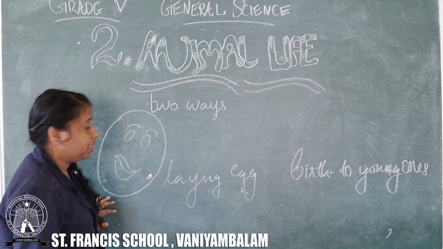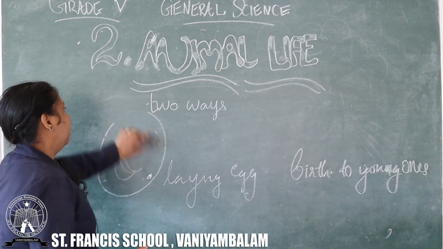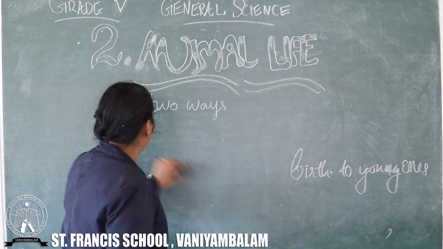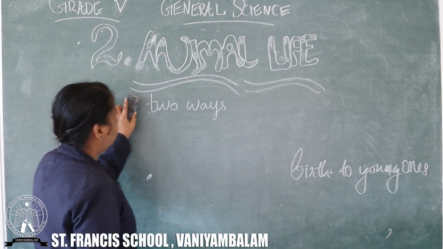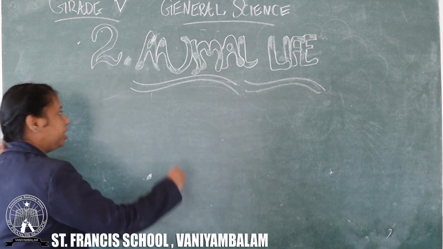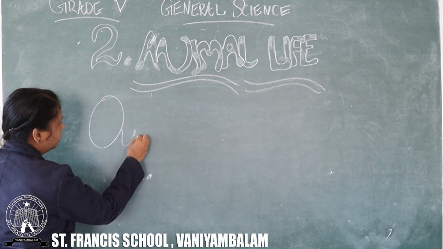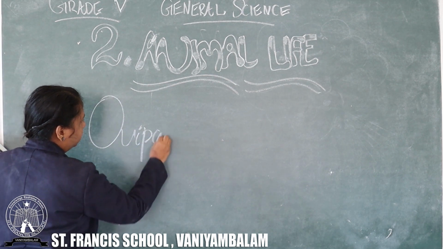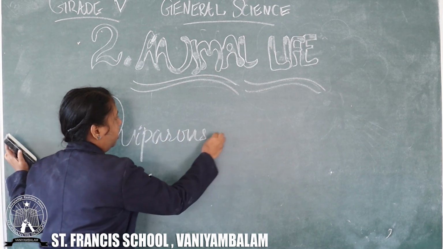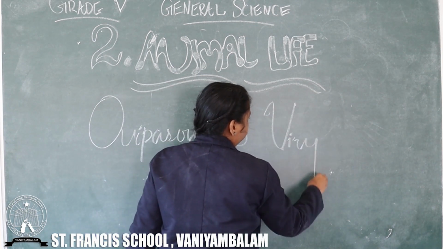Let us first give the names for these two. Do you know what they are called? There are two types. The first one is oviparous animals, and the next one is viviparous animals.